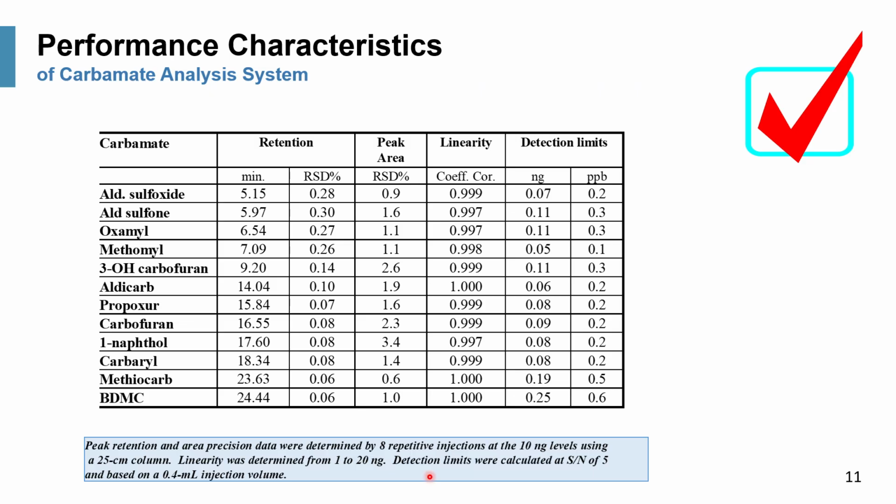Here's the performance characteristics published to document the performance level. Things are actually very precise: retention is very precise, peak area is pretty good even down to very low levels, and the detection limit is at the ppb level, using direct injection.